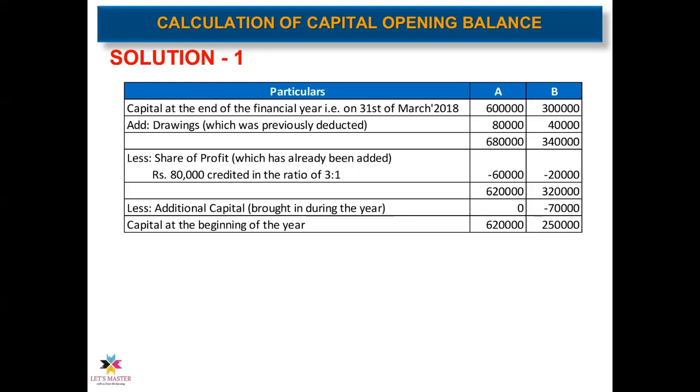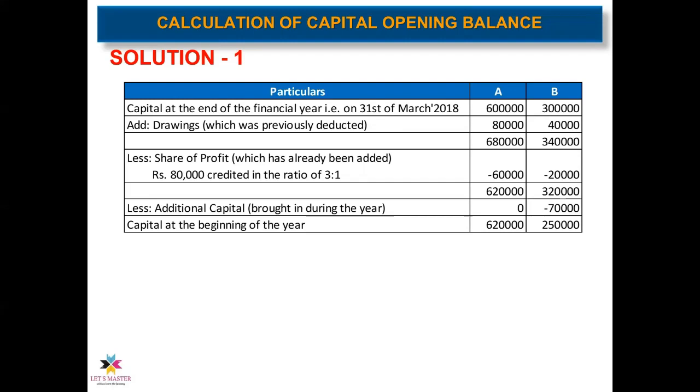The profit for the year ending on 31st of March 2018 was rupees 80,000, and that was supposed to be distributed among the partners in the ratio of 3:1. So the amount of profit that A has received is 60,000 and the amount of profit that B has received is 20,000. So we have deducted 60,000 and 20,000 respectively from the closing balances of A and B.